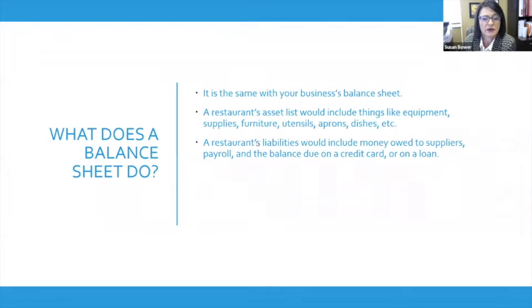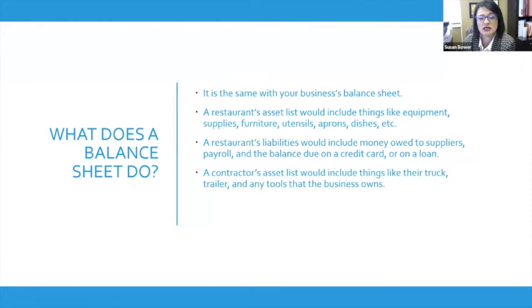A restaurant's liabilities would include money that's owed to suppliers, payroll, and any balance that might be due on a credit card or a loan, money due to someone or something else.